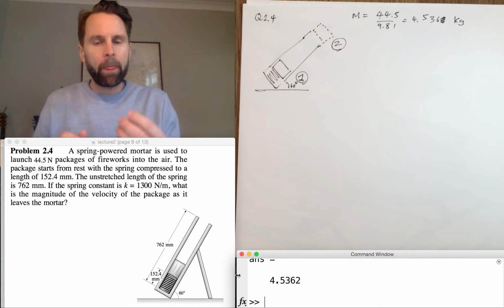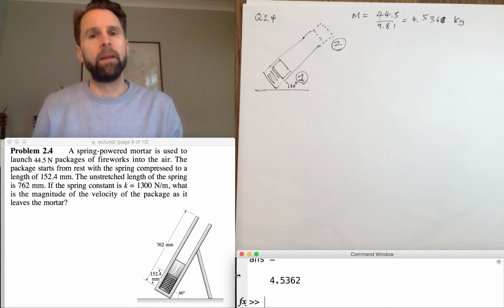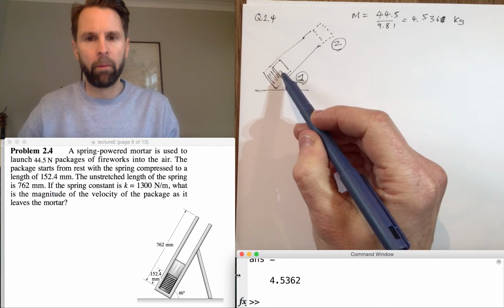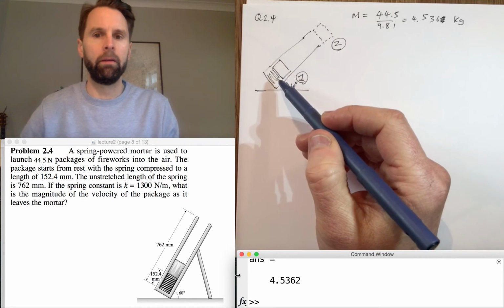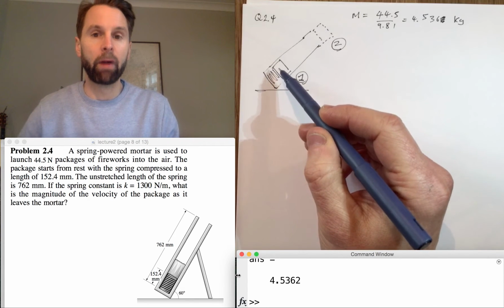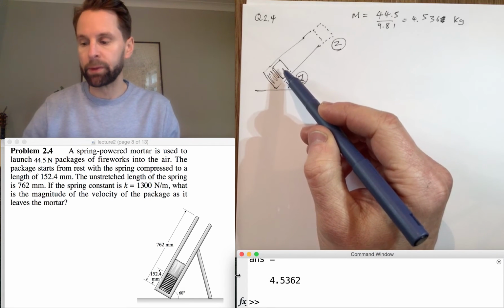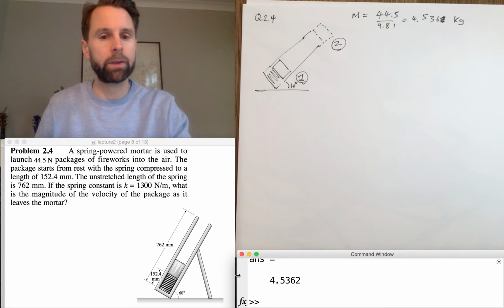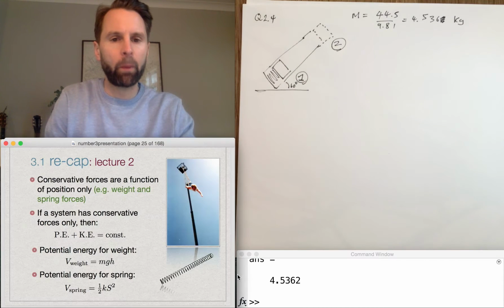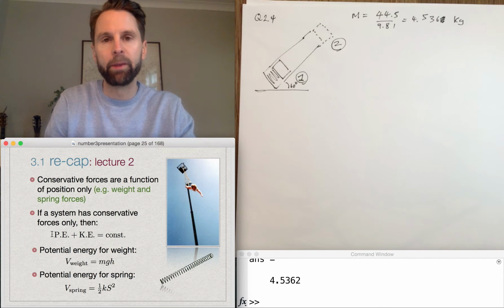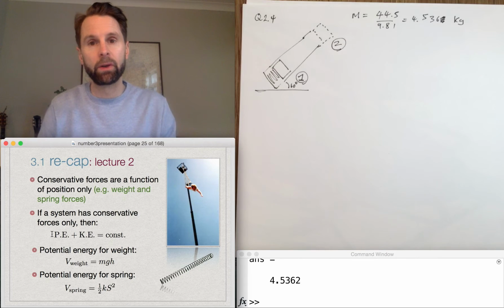The only forces that are acting on the package of fireworks are the spring force and gravitational force, and they're both conservative forces. So from our lecture, we know that if a system has conservative forces only, then the potential energy plus the kinetic energy is constant.